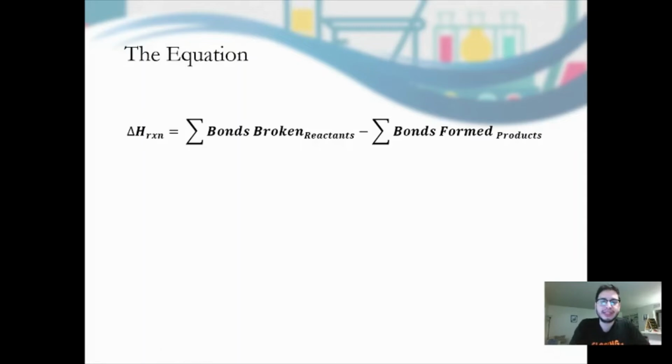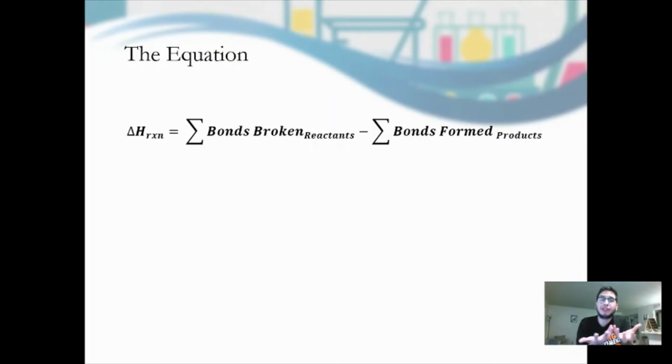Sigma just represents the summation of everything. So this sigma encloses the bond energies of my reactants minus the summation of all the bond energies of my products.